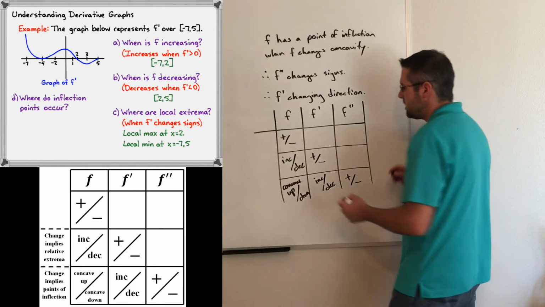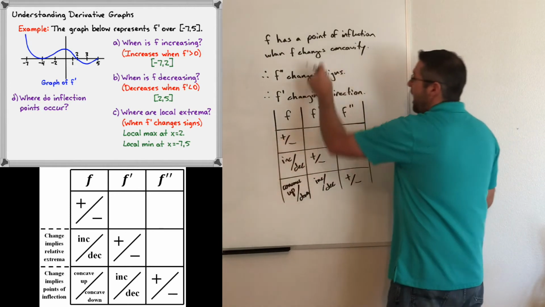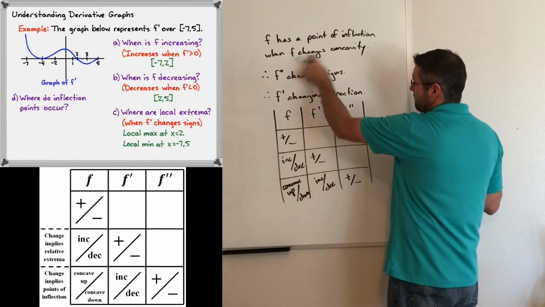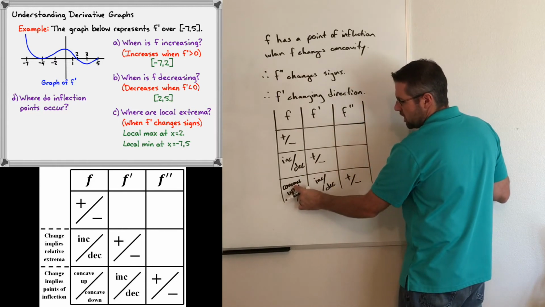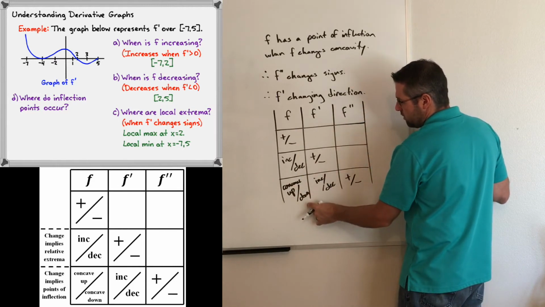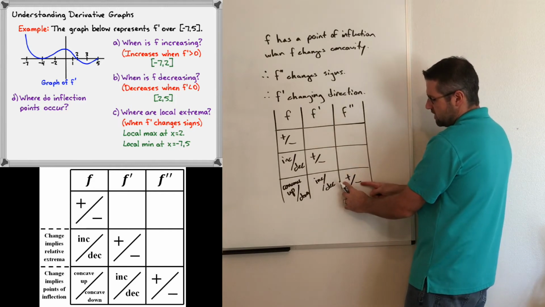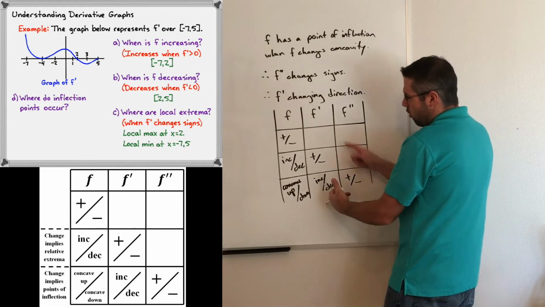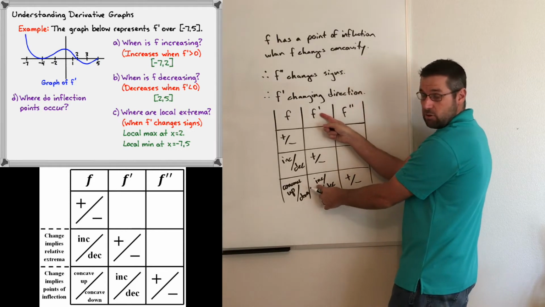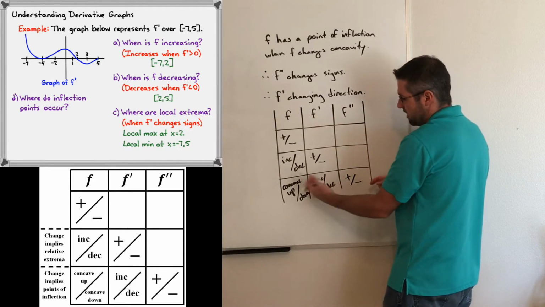So we can see that F has a point of inflection when F changes concavity. So if we're changing from concave up to concave down, then that's the same as saying F double prime is changing from positive to negative, and vice versa, or when F prime is changing from increasing to decreasing, or vice versa.